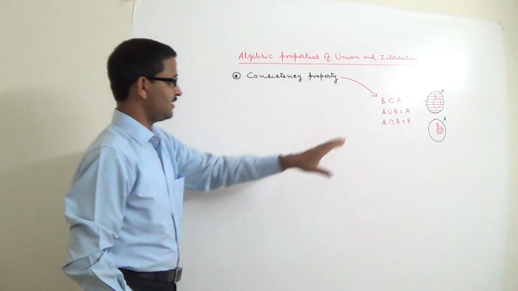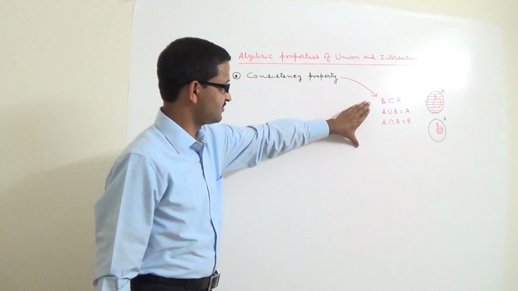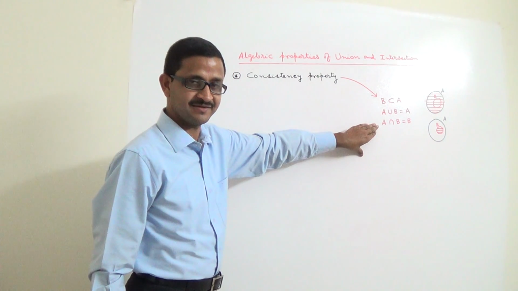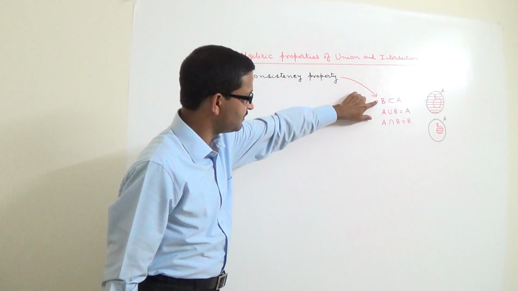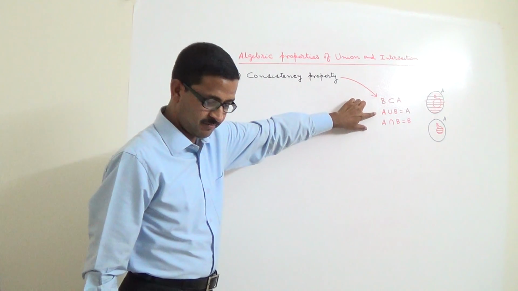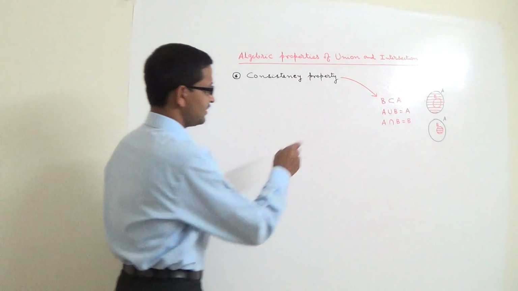Now let's come back to why it is called consistency. These three properties are consistent with each other. That means if any one of the properties holds true, the other two follow.